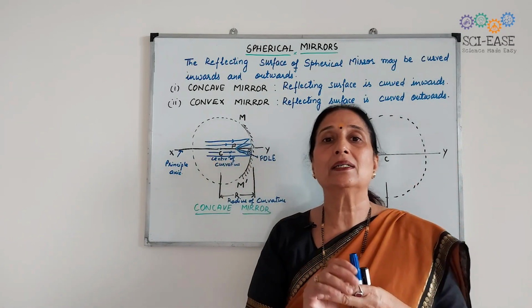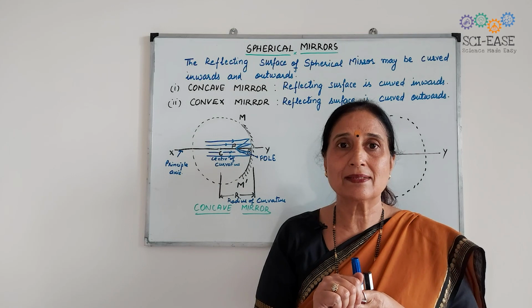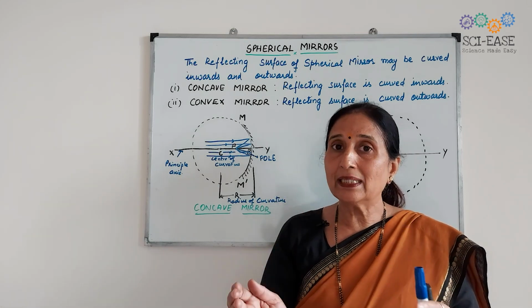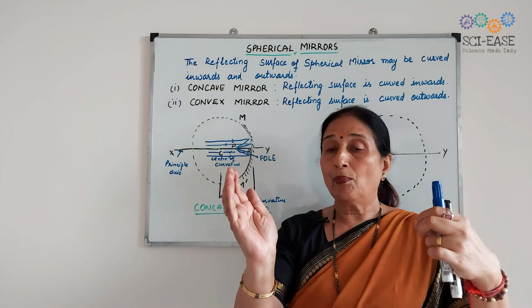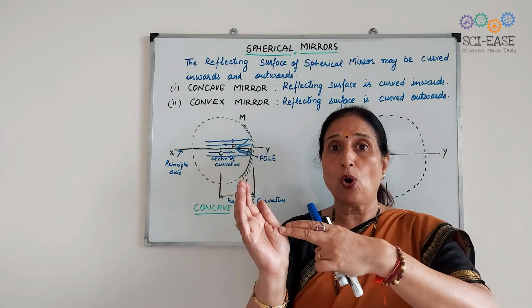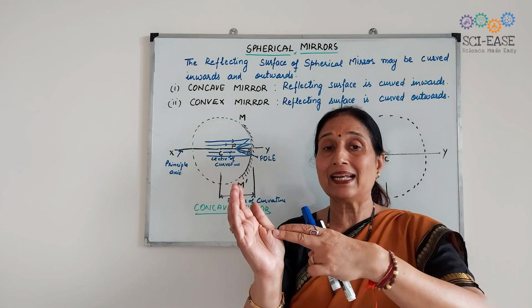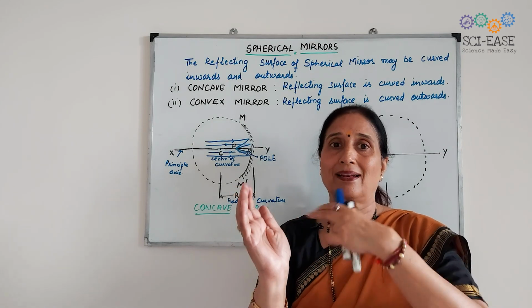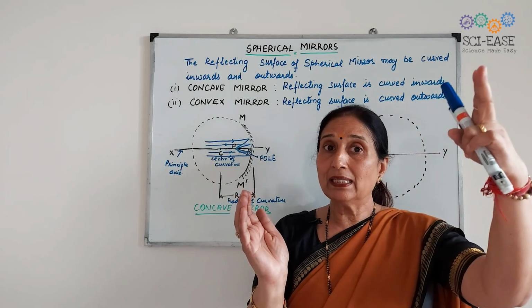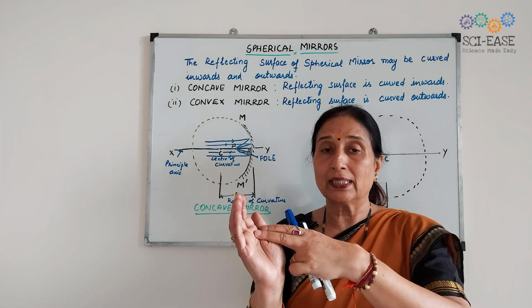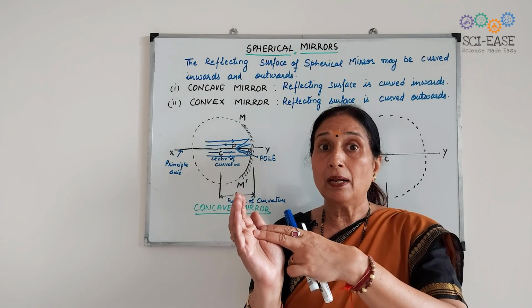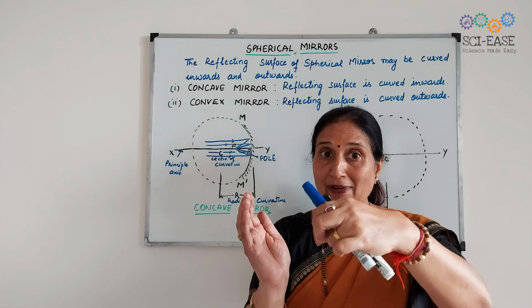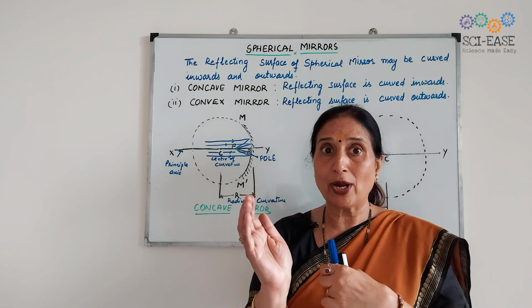You take the concave mirror and place it in the direction of the sun. When the rays fall on that concave mirror, they will be reflected and they will meet at one point.